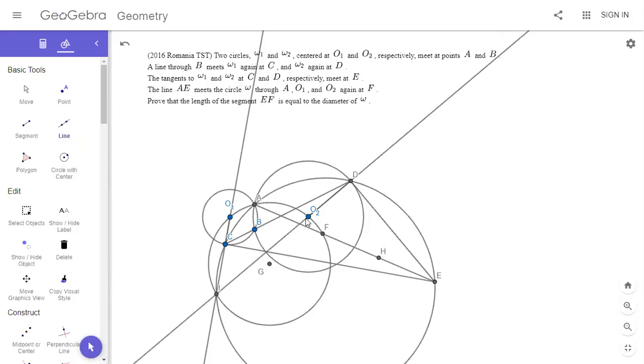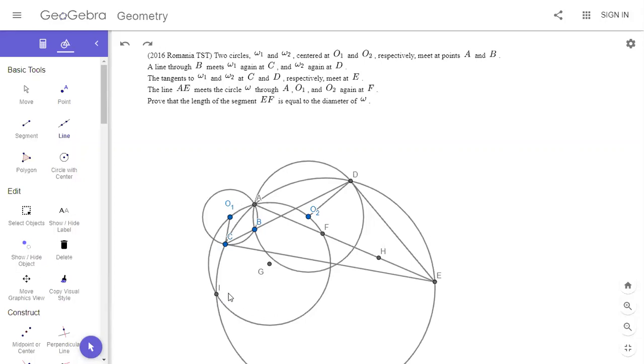Maybe this is obvious. I think by spiral similarities this might be true, because we said that triangle CO1A is similar to triangle DO2A. So if we extend the sides, I think, yeah, okay. So by properties of spiral similarities, CO1 and BO2 meet on the circumcircle of AO1O2.